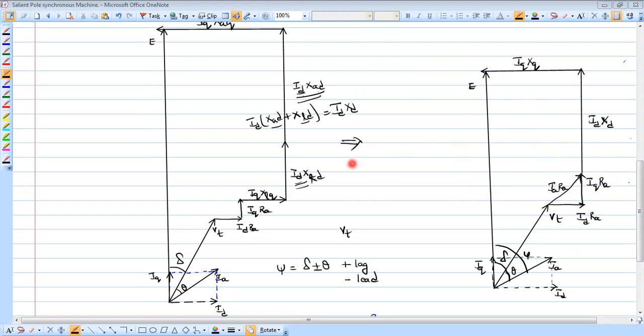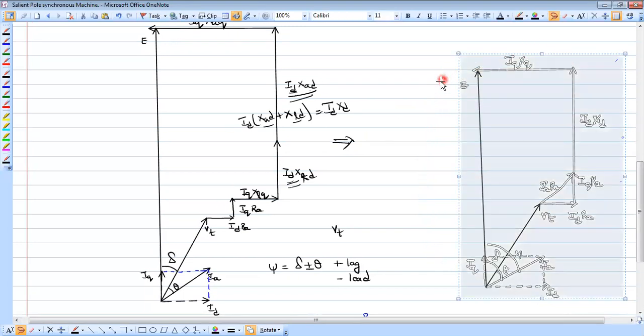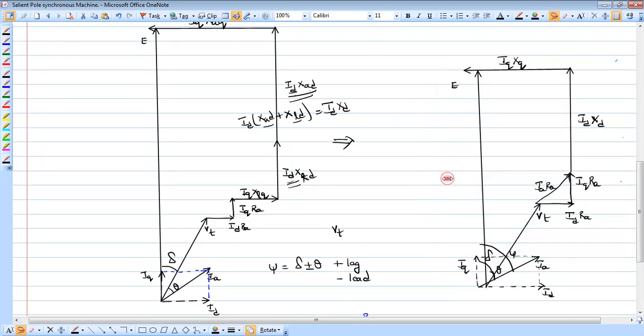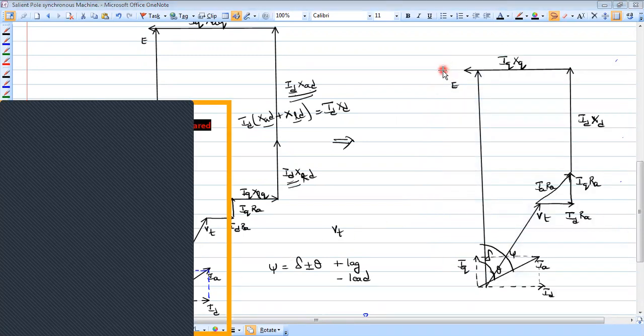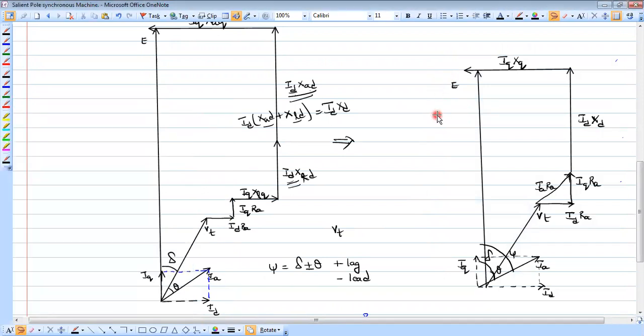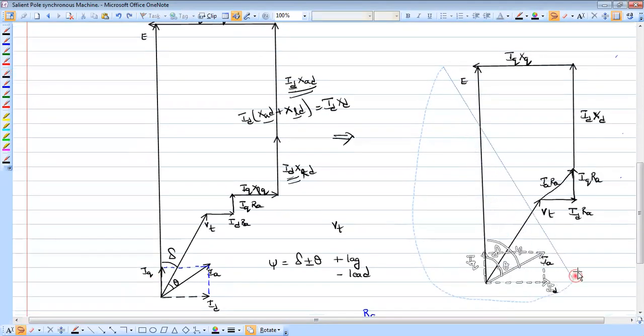So let us take this simplified equivalent circuit. Let us copy this one. From the simplified phasor diagram, we are going to write the voltage equation, and some other relations also we need to derive from this phasor diagram.